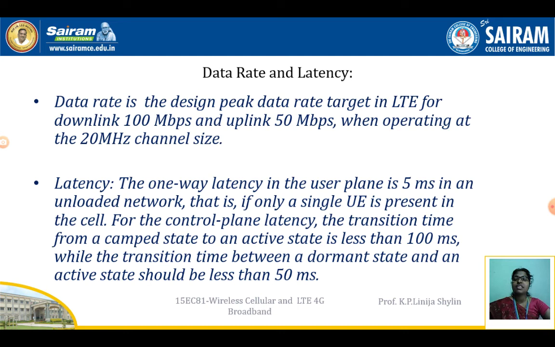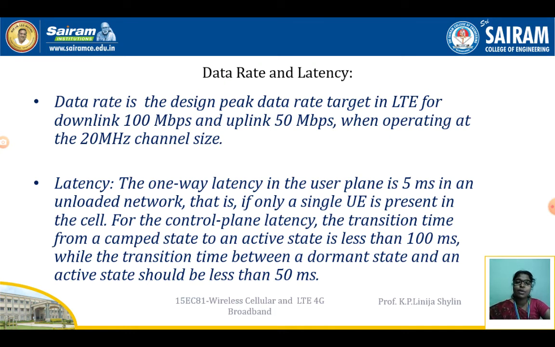The data rate and latency. Data rate is the design peak data rate target in LTE, and it is given as 100 megabits per second for downlink and 50 megabits per second for uplink when operating at the 20 megahertz channel size. Latency: what do you mean by latency? It is nothing but delay.